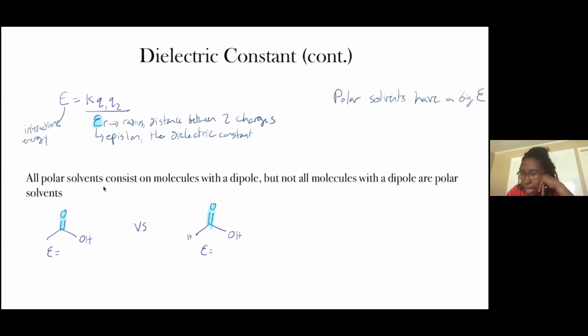So if we have a big epsilon, we know that they also must have a low interaction energy. This means that there are weak attractive and repulsive forces, which are those interactions, which means that charges can be separated.